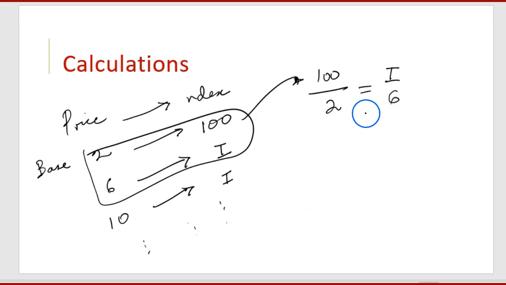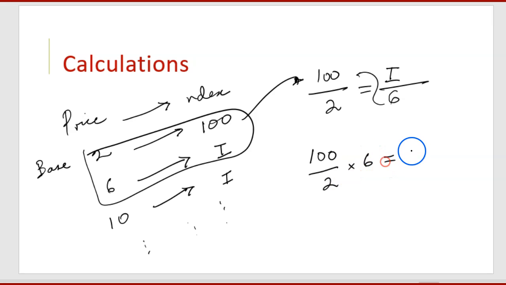Right, and solve for I, the index number. So we just multiply that, put it up here. So it's 100 over 2 times 6 equals our index number. Hooray! So we know what we're going to put in here.